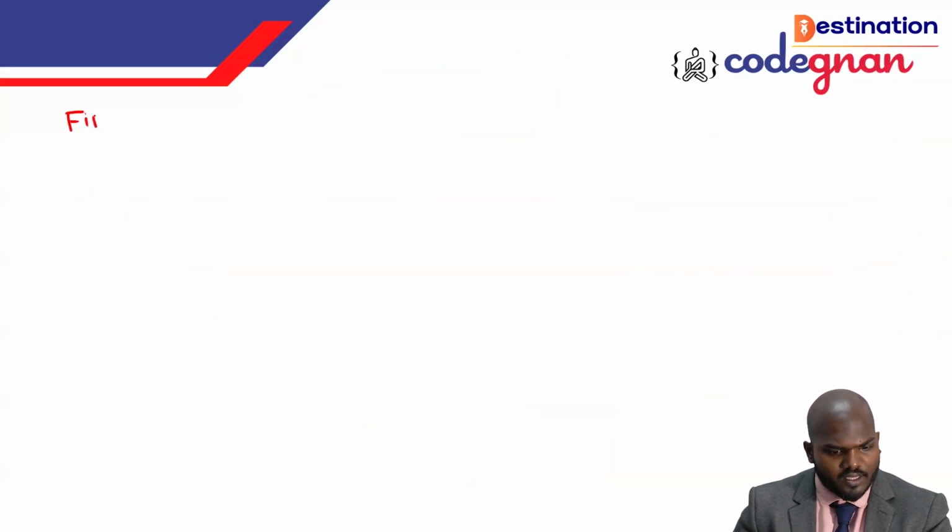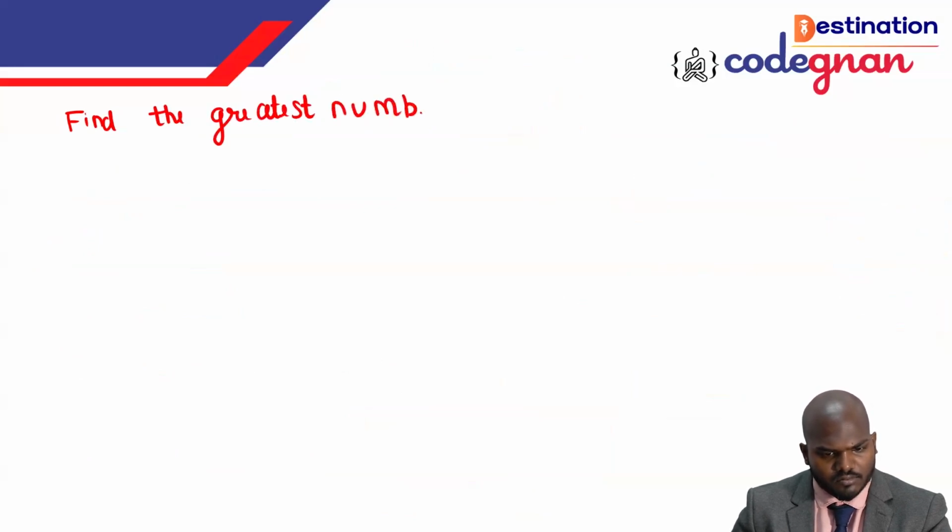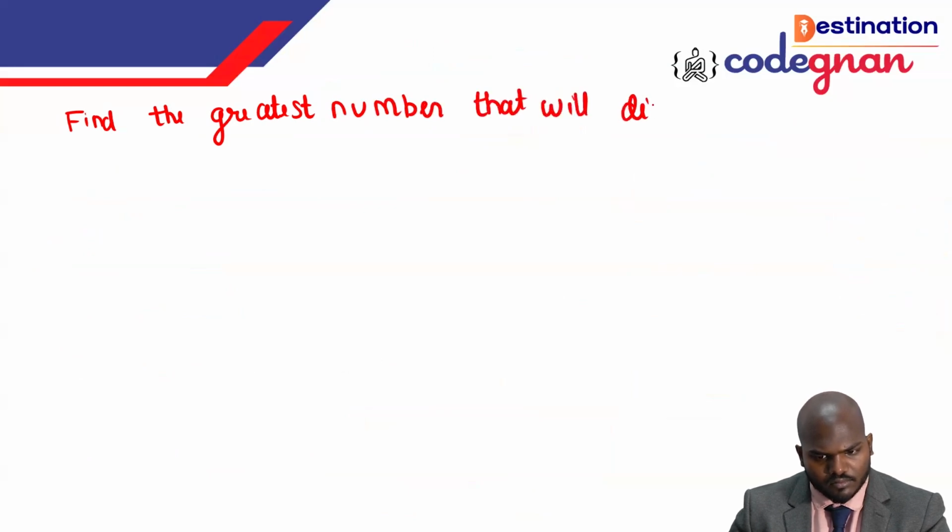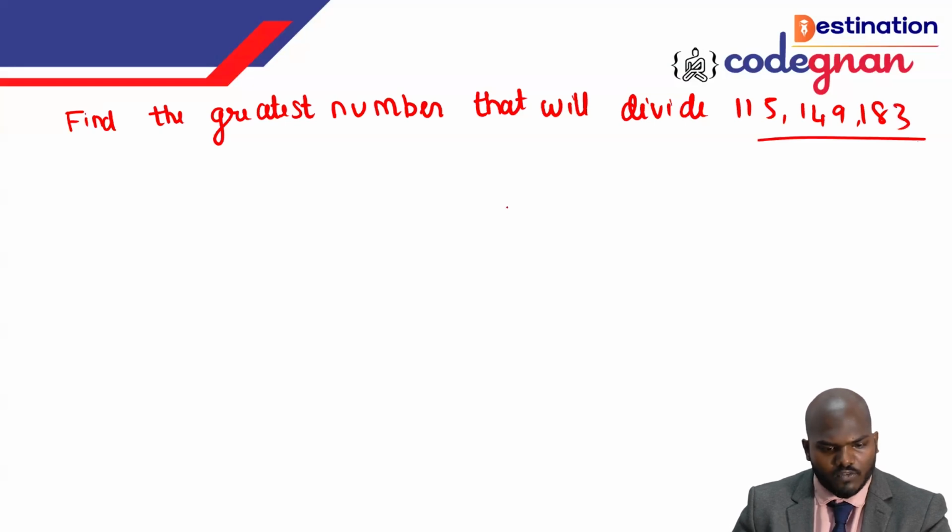So find the greatest number that will divide 115, 149, and 183, leaving the remainders 3, 5, 7 respectively.